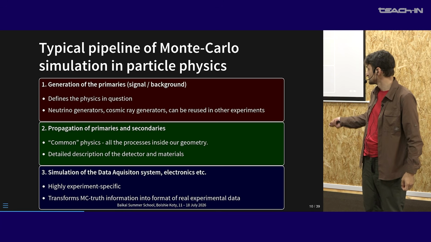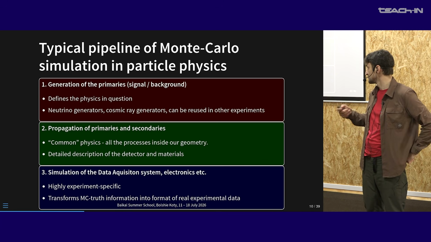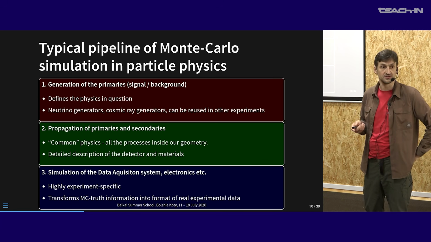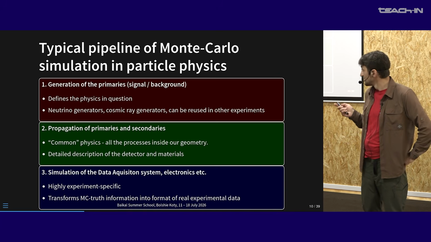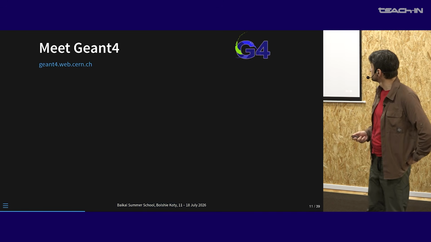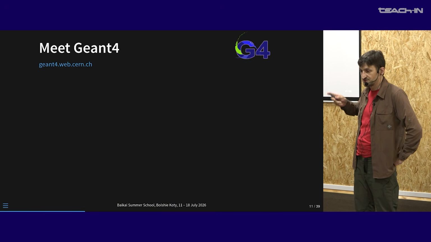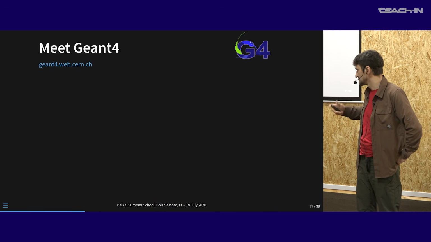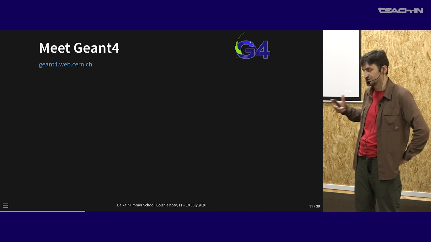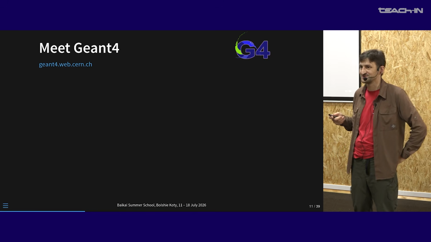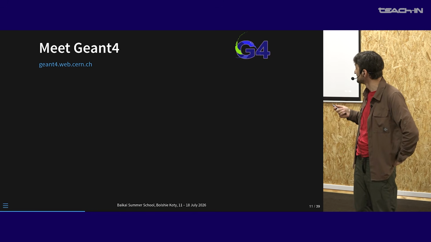So this transforms the Monte Carlo truth information into the format of real experimental data. Okay, so now we will consider, out of these three layers, the middle layer, because it's the most general, and it's actually the topic of this tutorial.